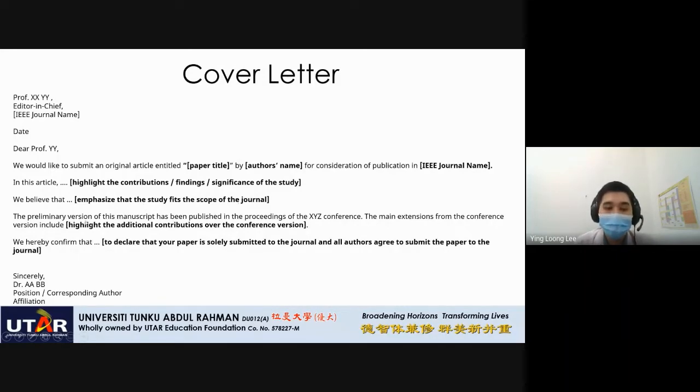If your work is an extension from a conference paper, then you should detail it here and highlight the additional contribution over the conference version. Many journals ask for at least 30%, so you must justify that your additional contribution is 30% more compared to the conference version.